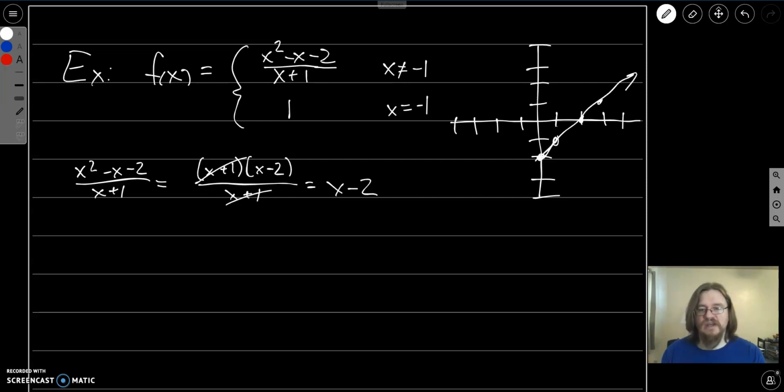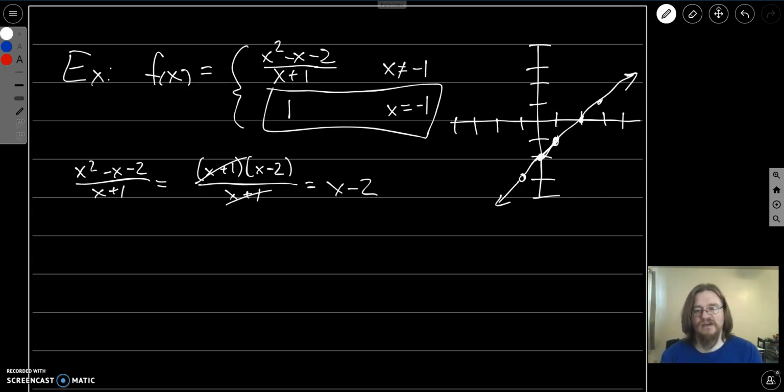And we have to remember that this is not going to be the function value at x is equal to negative 1. So at x is equal to negative 1, we have an open circle. So right away we can see that this top part is not really going to be continuous because we have an open circle there. However, we fixed it with the other part of our piecewise function.